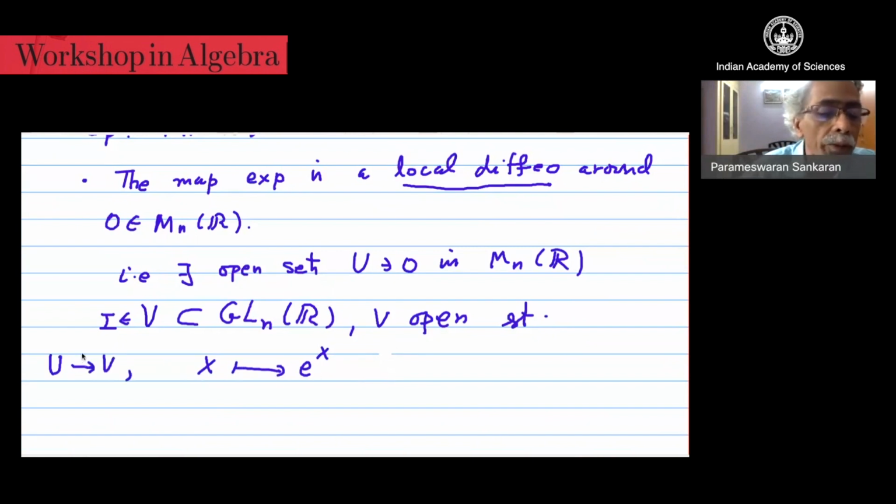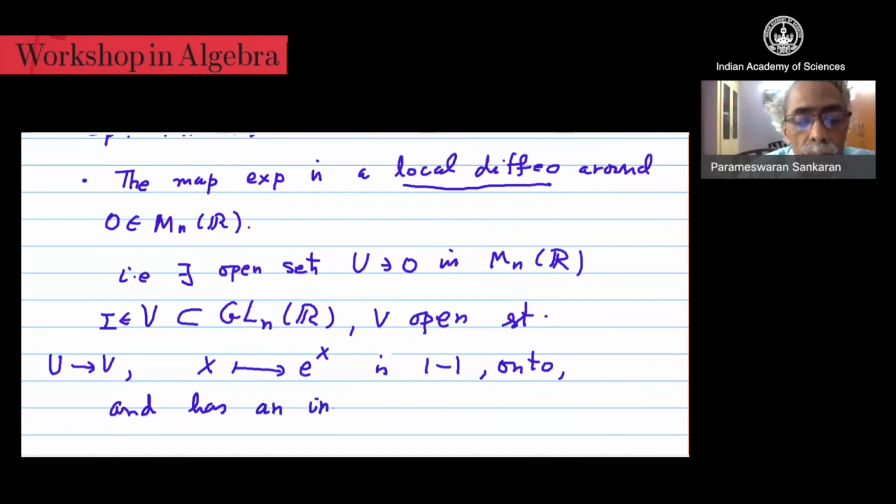This is the exponential map restricted to U, with the codomain also restricted to V, and it is one to one, onto, and has an inverse which is also smooth.